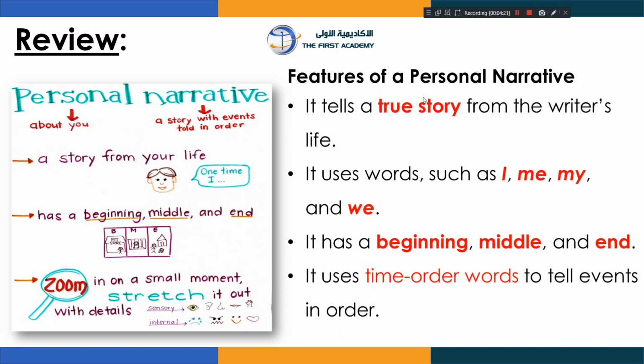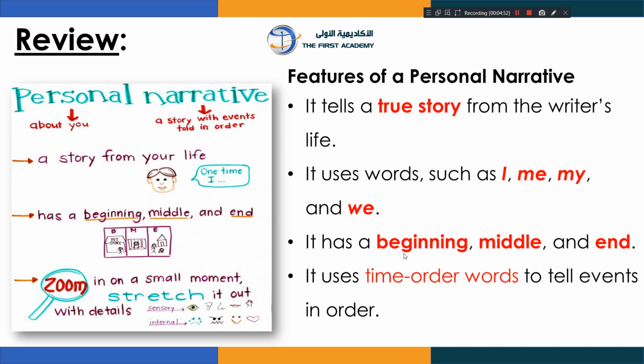Let's go step by step again. It tells a true story from the writer's life. You are the writer. So you are going to write the story from your life, something that happened to you, and something that was true. You can use words such as I, me, my, or we, when something happened to you.